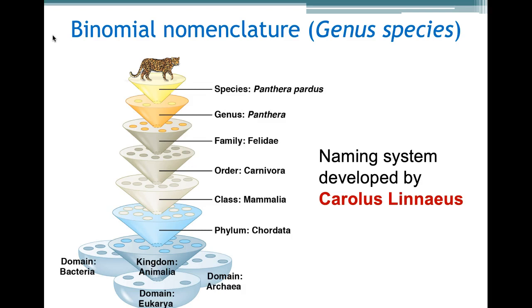For class, the mammals. There are many characteristics of mammals: giving birth, producing milk, having hair, and the leopard falls into that category. Order Carnivora. Sometimes the names tell you about the description of the organism. These organisms eat meat primarily for their food source.